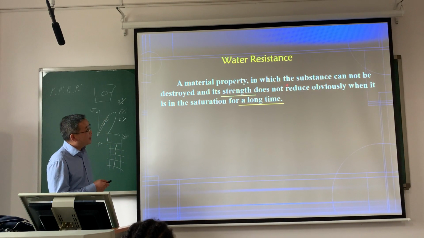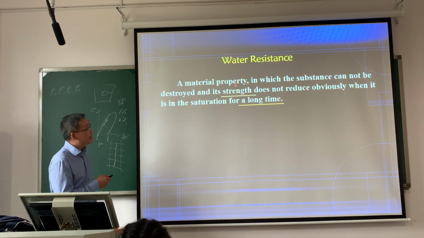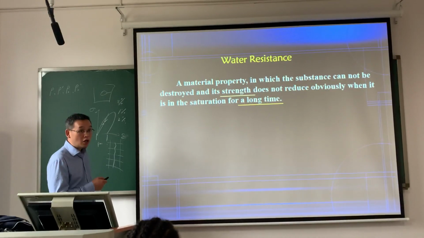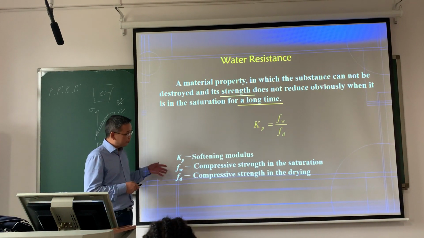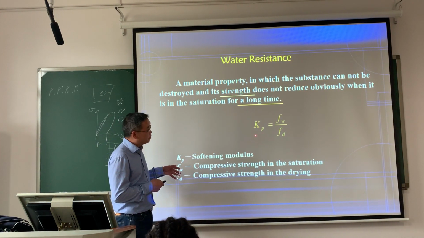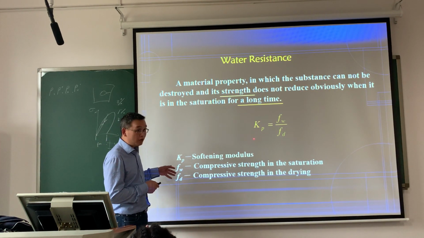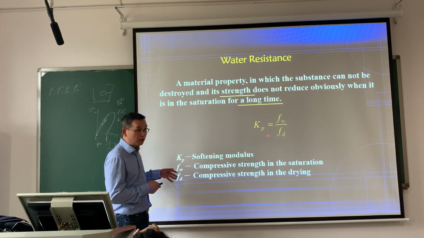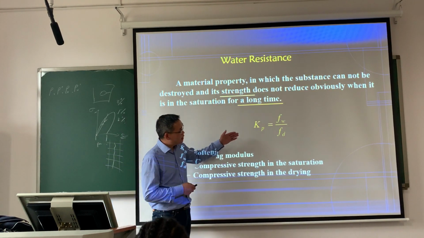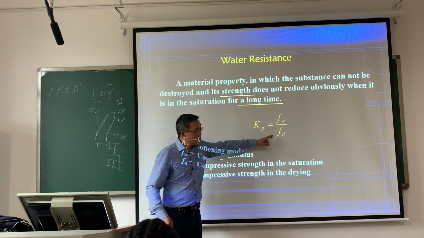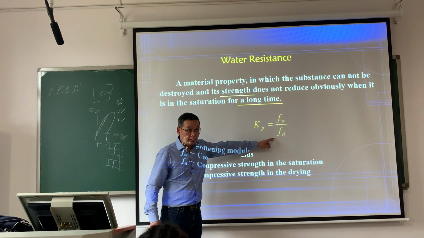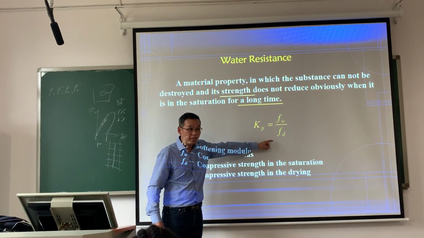So, the first thing that is destroyed is that the substance is decreased, and then the strength is also decreased. We can calculate the water resistance of the material by this formula. In this formula, there are two kinds of strengths. The first one is the dry state, the strength of the material.